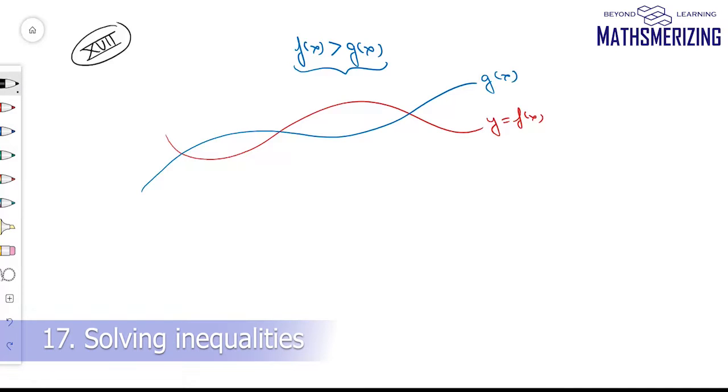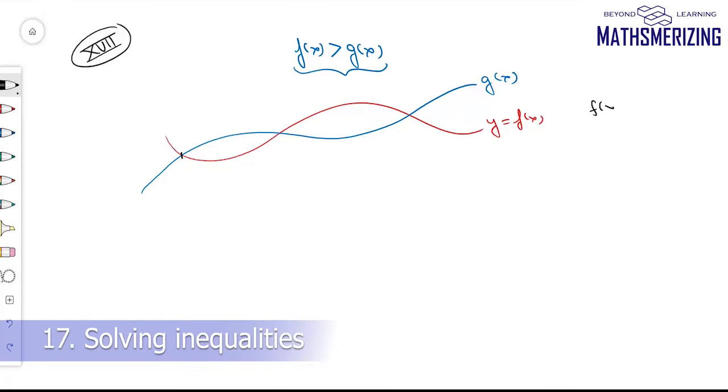Now in order to solve this inequality, the first thing I'll do is find their points of intersection. So I'll solve the equation f(x) equals g(x), and find their points of intersection. Suppose x equals a, x equals b, and this is x equals c.